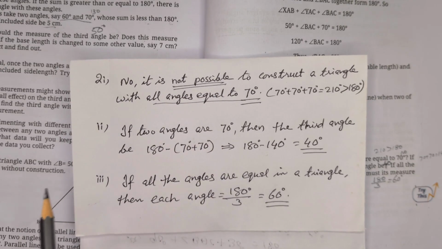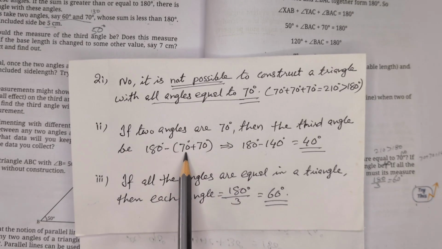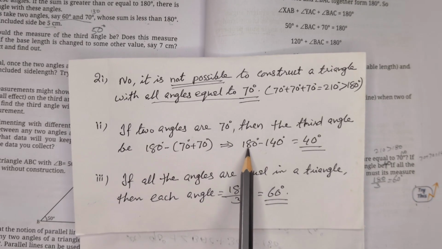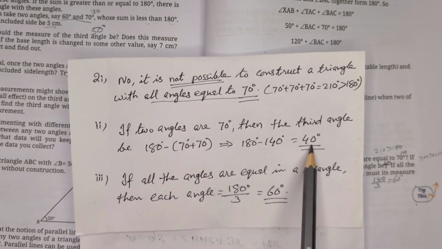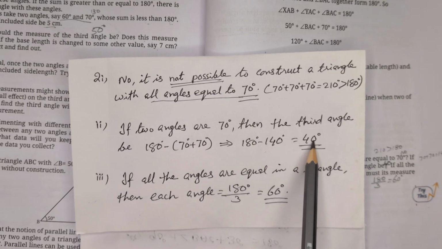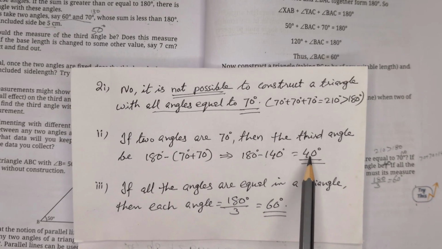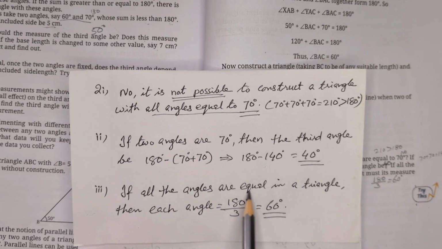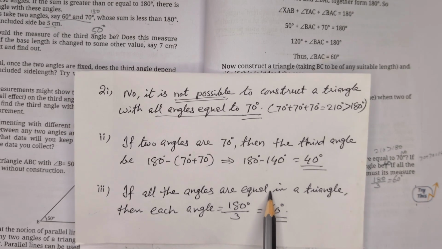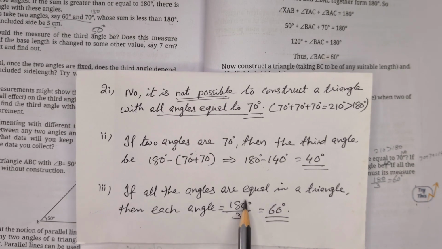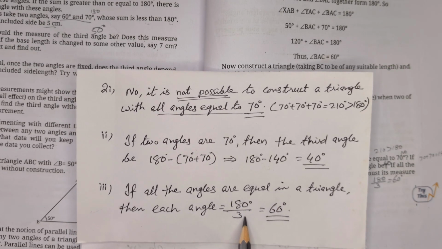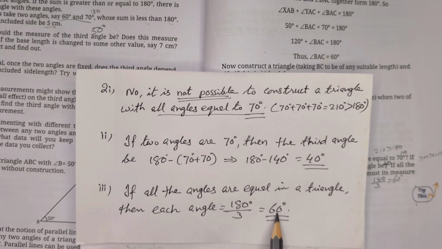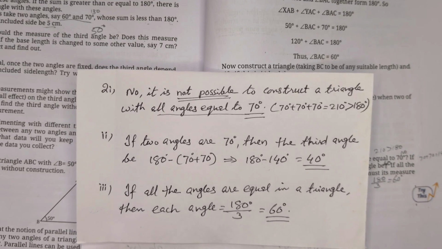Now say two angles are 70 degree. So that will become 70 plus 70, 140. The remaining third angle will be 180 minus 140, which is 40 degree. Now if all three angles are equal, the sum is 180, divided by 3. All three angles are equal, so each angle will be 60 degree.